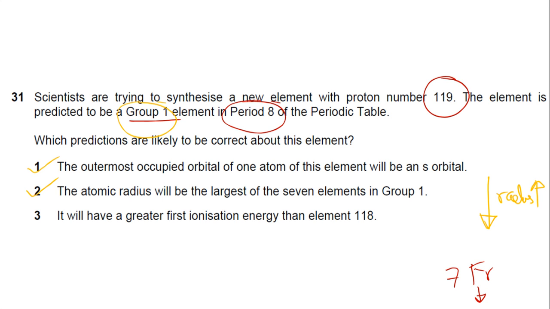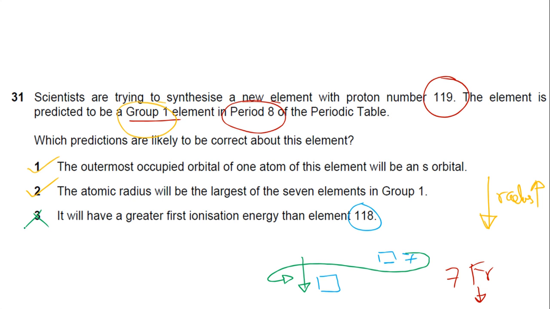Then it says it will have a greater first ionization energy than element 118. So here's the thing, what will element 118 be? Element 118 would be a noble gas in period 7, and then in period 8 here we have our group 1. We know that when we move down the group, especially if you swap your period number and you're moving down, your ionization energy drops.